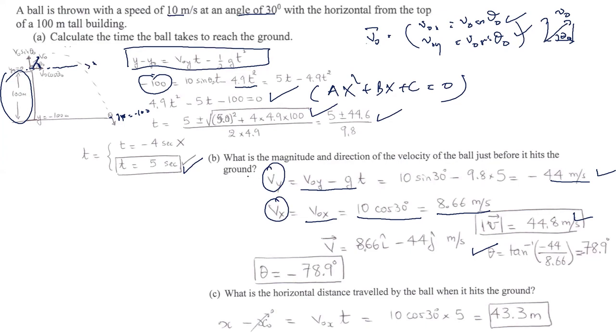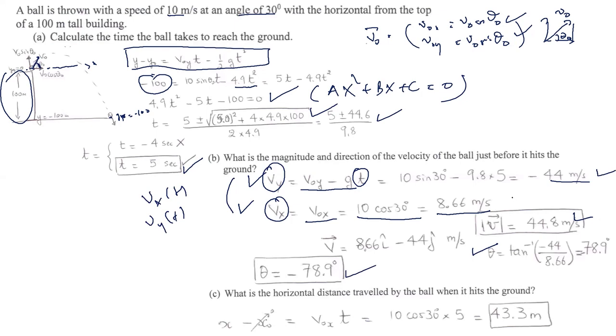So here we get it in unit vector notation. I know Vx and Vy at that time of hitting the ground. Of course, I know the time because I calculated it before. Now you know how to go from unit vector notation, from components, to magnitude and direction.